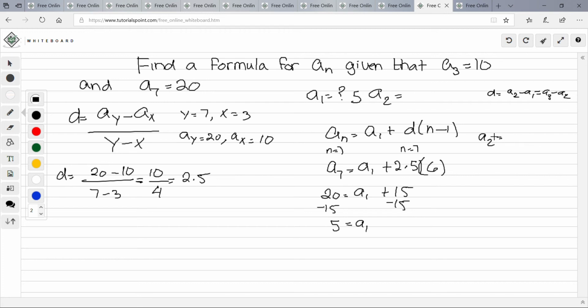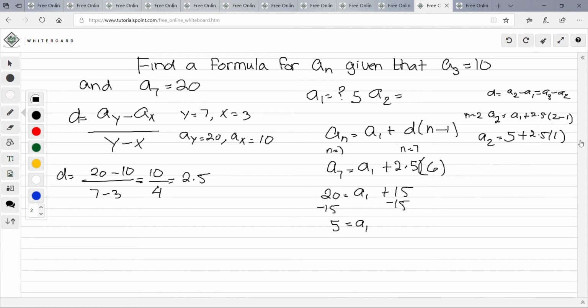Using this formula with n equals 2, A2 is equal to the first term, 5, plus the difference, 2.5, times 2 minus 1.